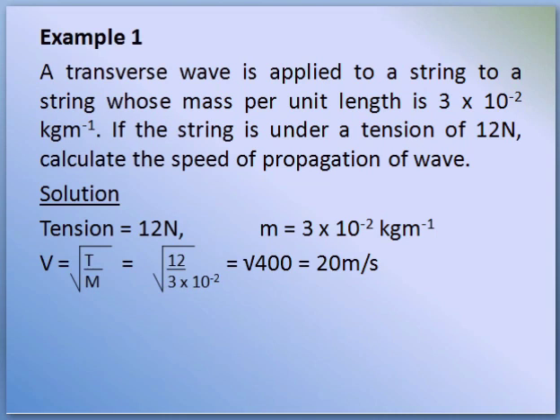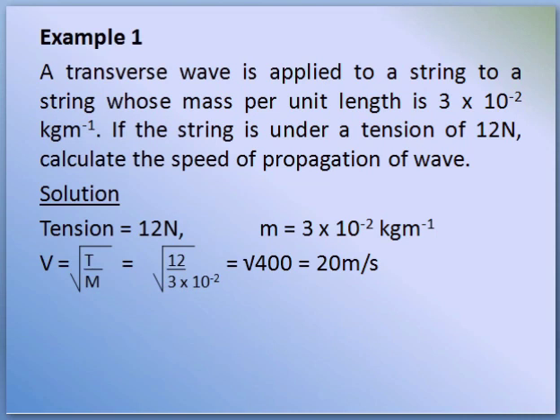From this, the tension, which is the force, is given as 12 Newton, and the mass per unit length is 3 times 10 raised to the power of minus 2 kilogram per meter.